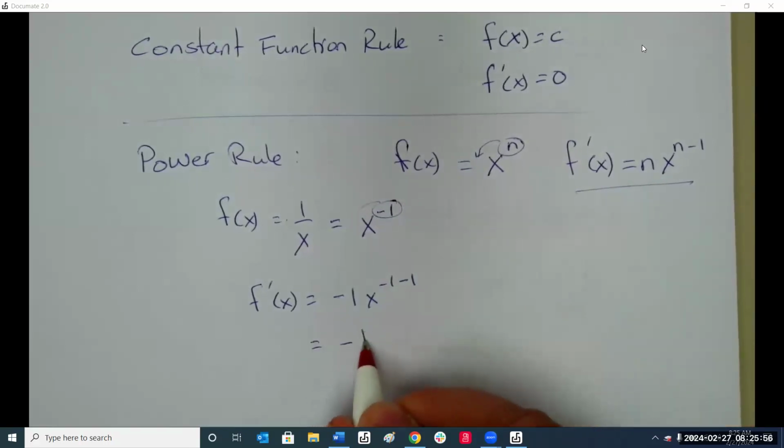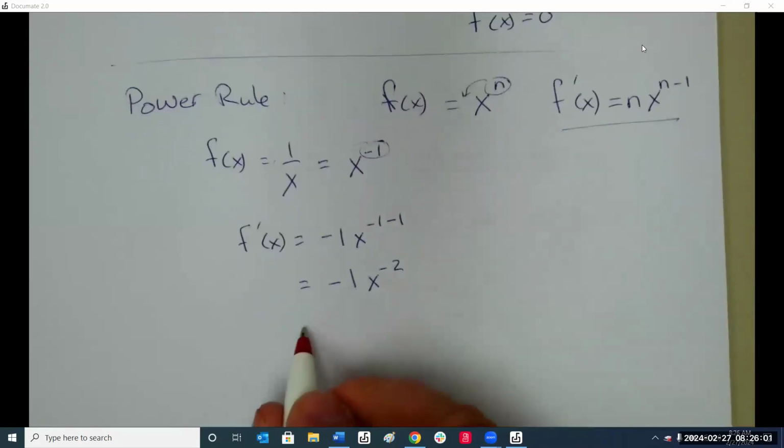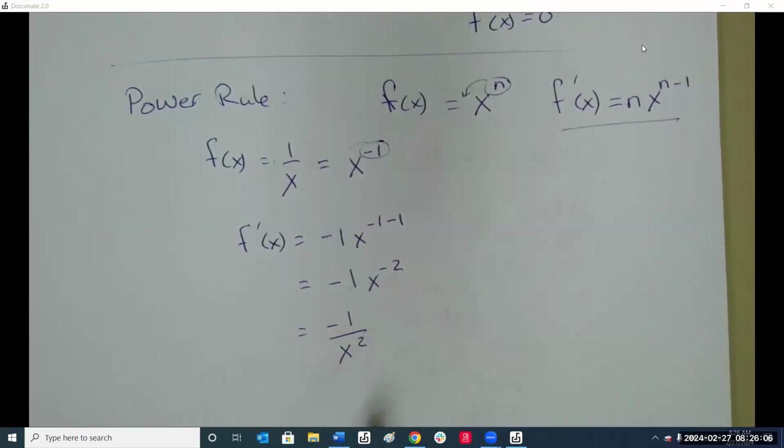So that would be -1 x to the power -2, which means -1 over x squared.